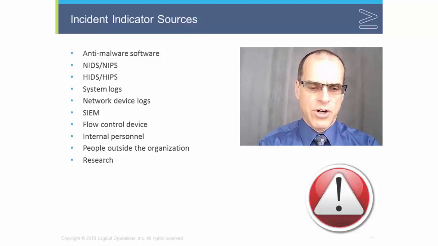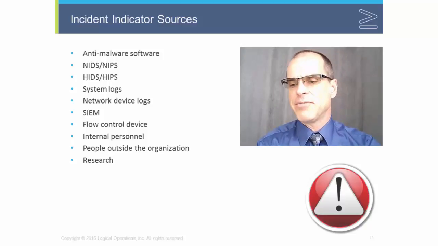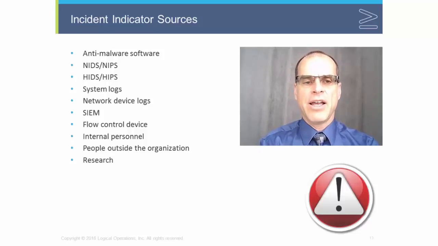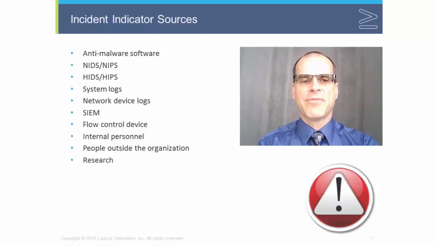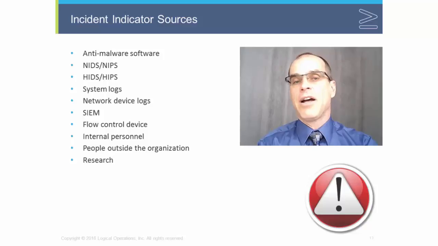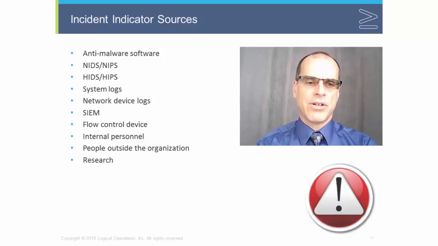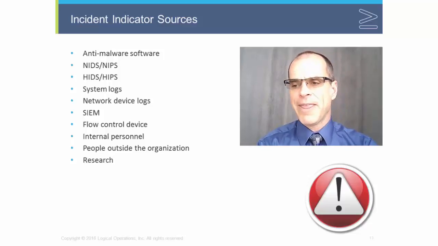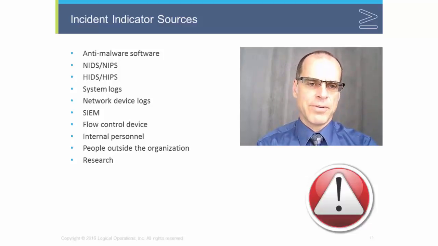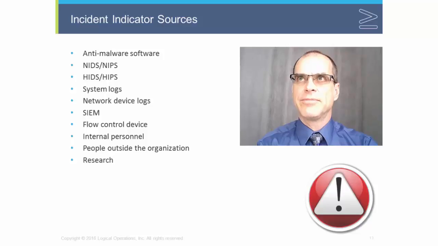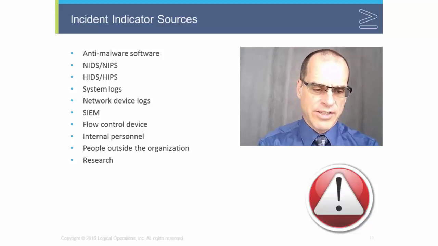Outside the organization, you might have hacking groups and others that take responsibility for a particular hack. And in that case, that information might also act as an IOC for other events at other organizations if the MO, you could say, is similar to the events being generated by this hacker group in other incidents that have occurred for other organizations.